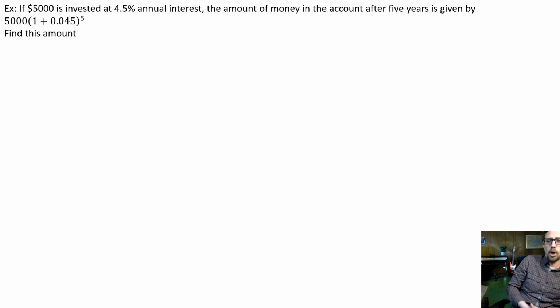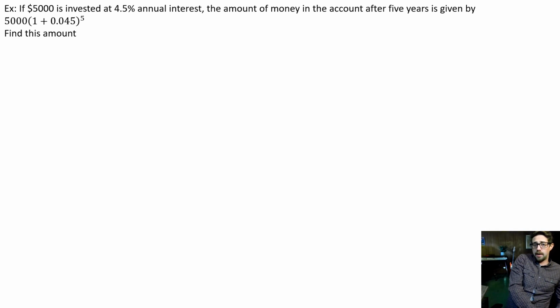Okay, this isn't really even a story problem, it's an application. So this is how annual interest works. It's pretty simple. If 5,000 bucks is invested at 4.5% annual interest, and you let that sit there for 5 years, right? Don't touch it.